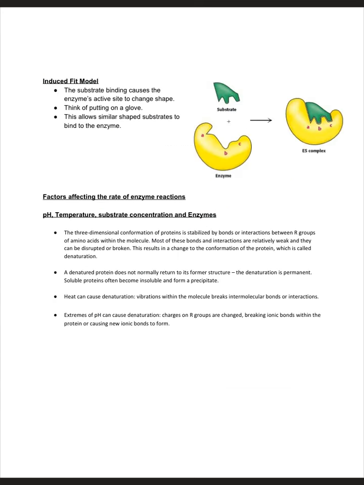There's a second model that we call the induced fit model. So what you can see here is you see site A, B, and C, and the substrate doesn't perfectly fit there.